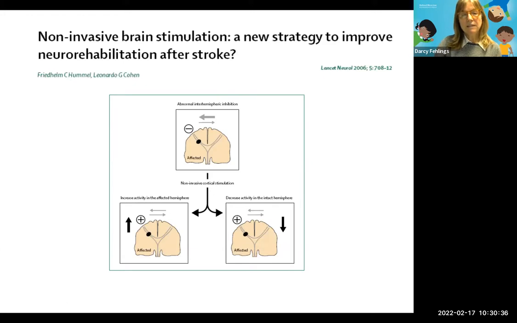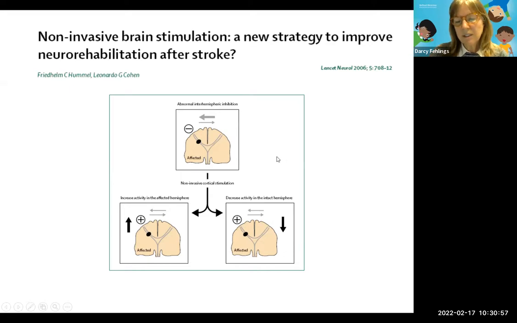And then finally, we have some information from our adult colleagues, clinicians who are working with individuals who have acquired stroke. This particular body of work started to appear in the literature in the mid-2000s, and they were looking at non-invasive brain stimulation.